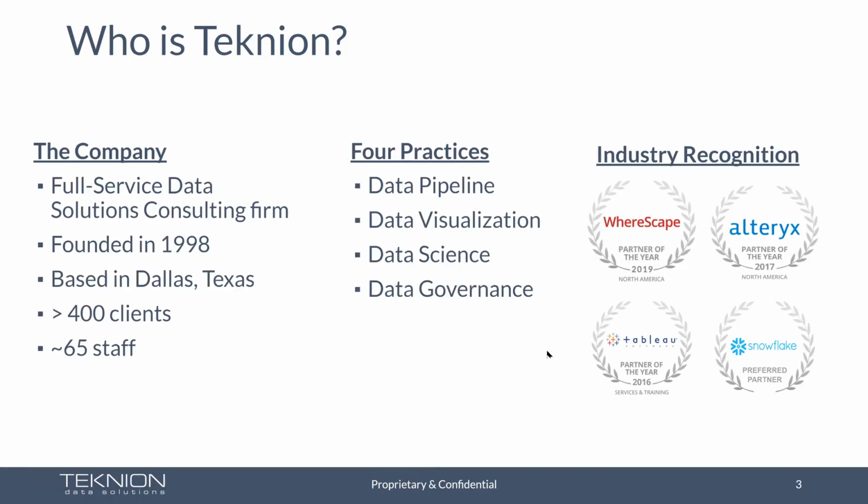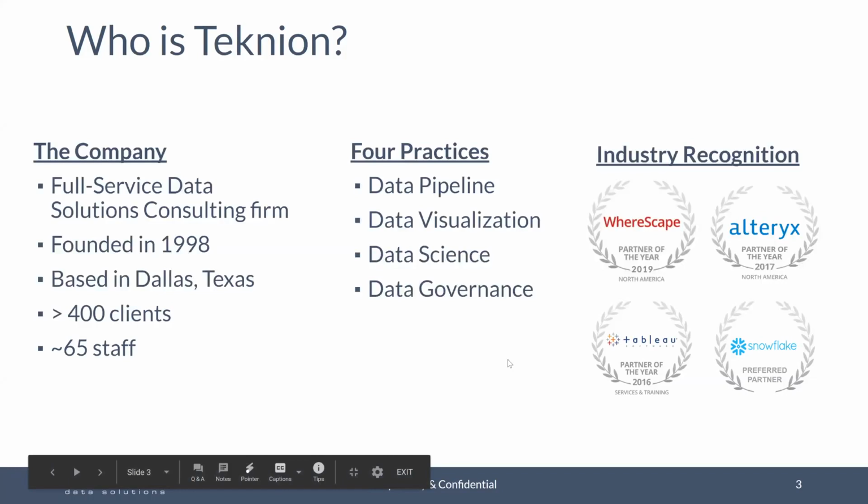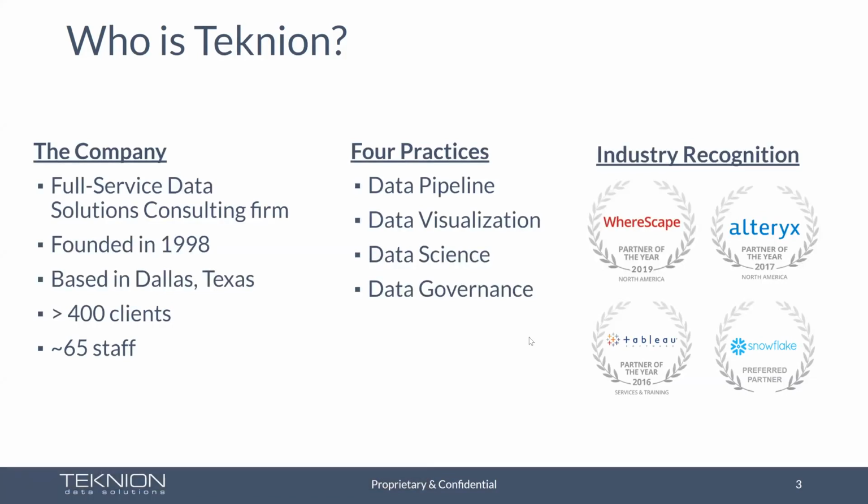We have a very strong data science practice headed up by a mad scientist we stole from one of the universities. So the data science is about saying less about what happened yesterday, but using yesterday to tell us about tomorrow. And finally, we have a data governance practice. For those of you who have mature warehouses and are starting to struggle with data governance issues, we'd love to talk to you about that.